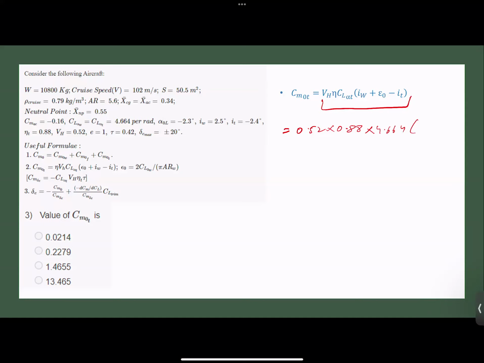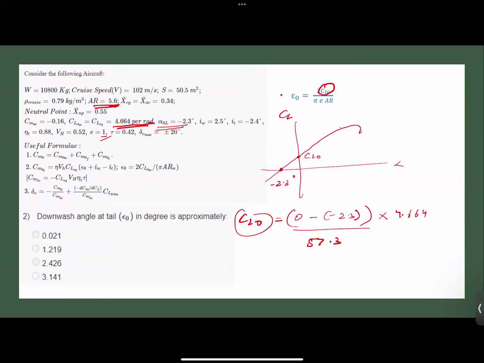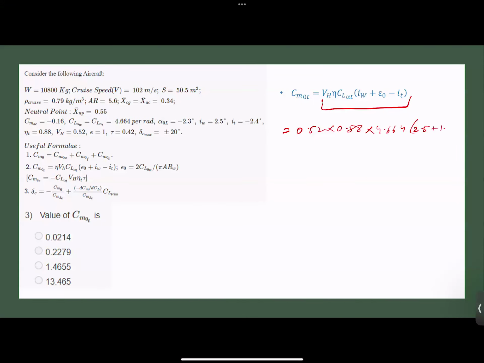So 2.5 plus epsilon naught, I think it was 1.21, minus of minus 8.4. And then we have to divide the whole thing by 57.3. So you get a value of 0.227.